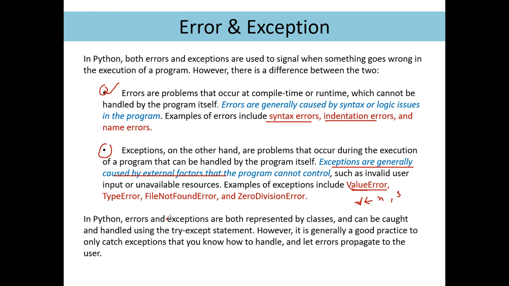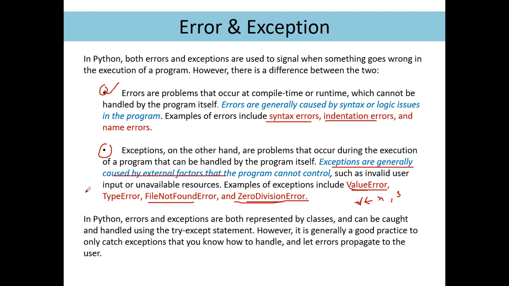From the names you can find that type error, file not found error means if you are trying to open a file and the file is not present, then this kind of exception may occur. Zero division error is the famous arithmetic exception we handled in Java. You remember? Dividing by zero becomes undefined, so that can be handled by zero division error.